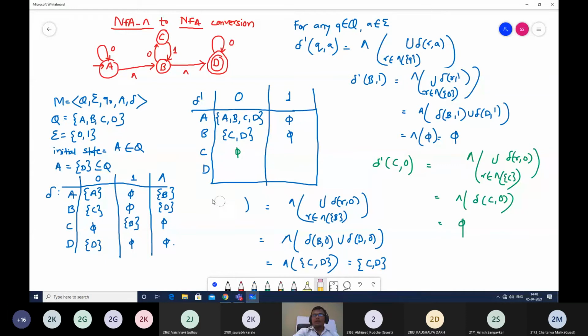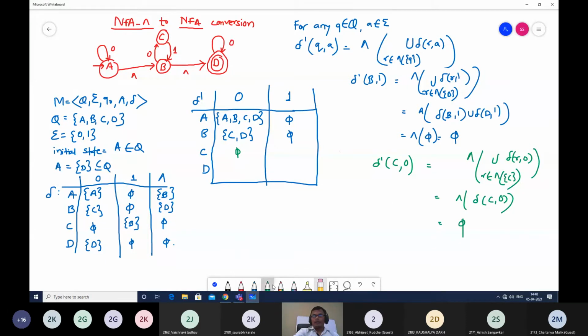Next, we will be calculating C comma 1. So this will be delta dash of C comma 1. That will be null closure of union of delta of R comma 1, where R belongs to null closure of C. So this is null closure of delta of C comma 1.